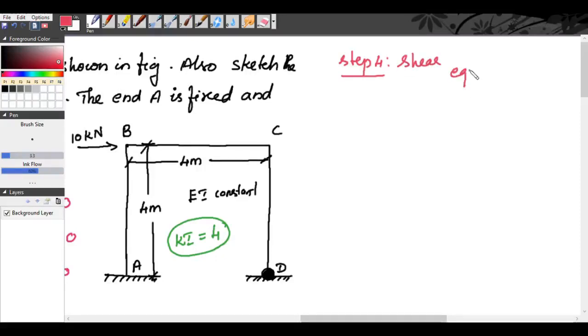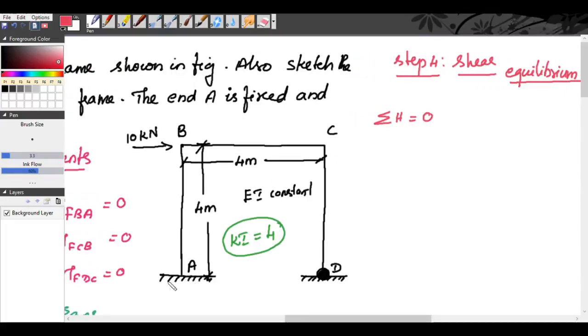We have 3 shear equilibrium equations, right? At joint B, at joint C, and sigma H, that is summation of all the horizontal loads will be equal to 0.